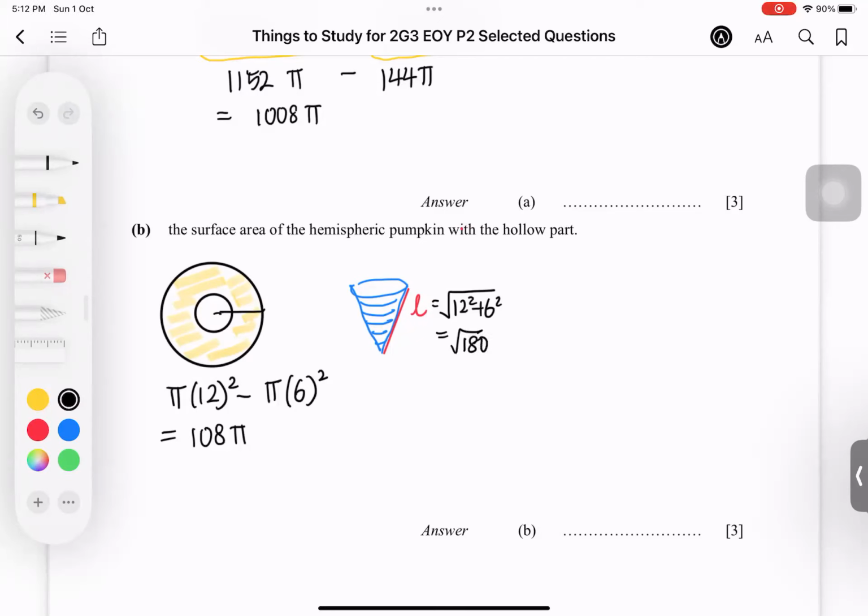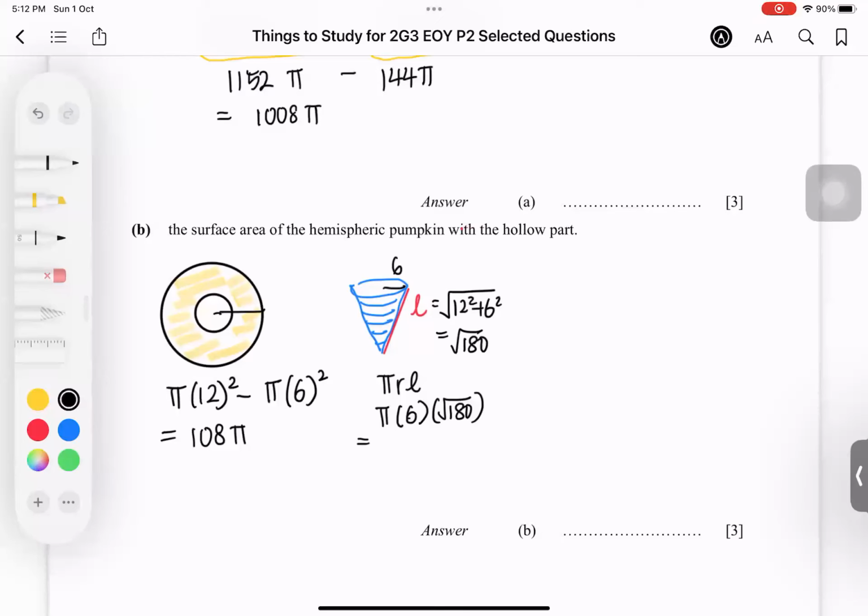So the curved surface area is given by the formula pi r l. Pi, the radius was 6 cm, and l is the square root of 180. No choice, this one I can't leave in terms of pi, so I should work out the decimals.